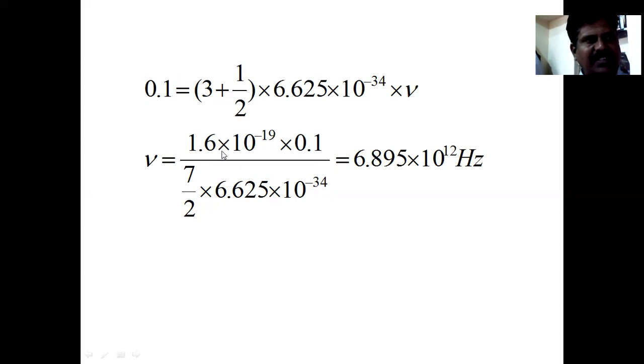After simplification, the frequency of that oscillator in the third excited state is 6.89 into 10 to the power 12 hertz. This is how to calculate the frequency of a linear harmonic oscillator in the third excited state.